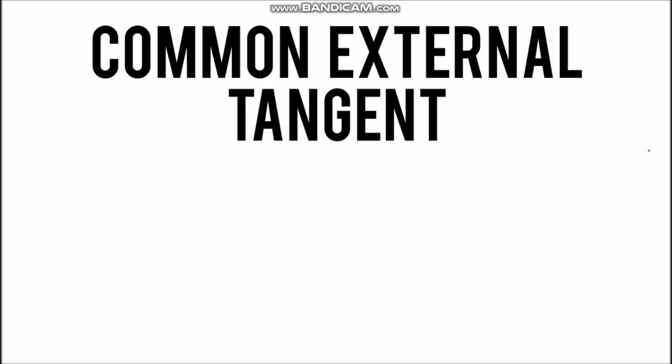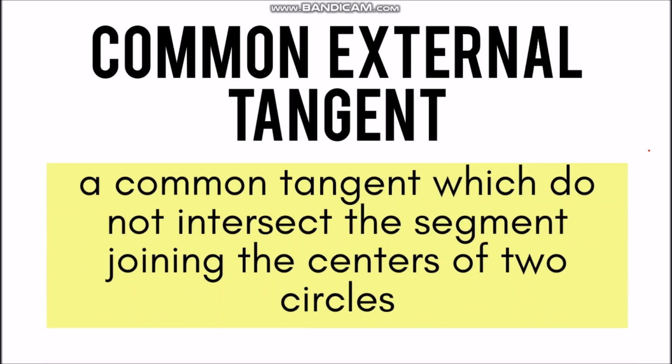Aside from the common internal, we also have the common external. A common tangent which does not intersect the segment joining the centers of the two circles. So it's the other way around, the opposite one. Since this is external, the tangents are not passing in between the two circles.